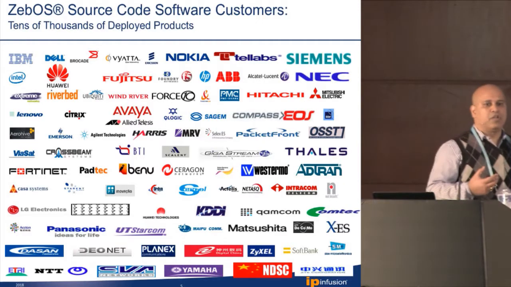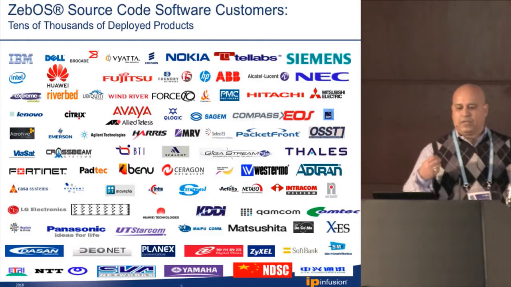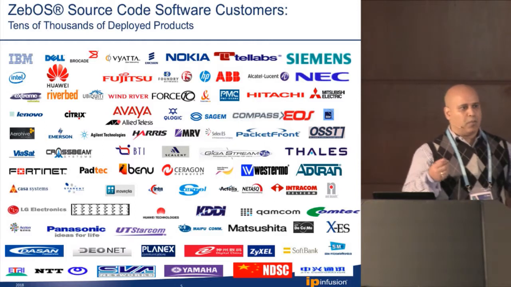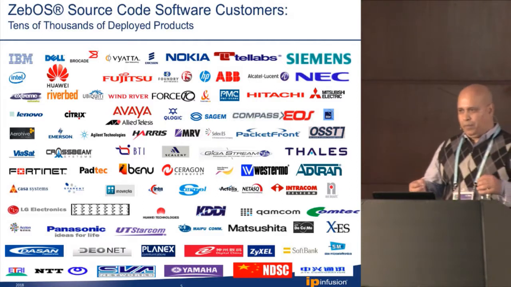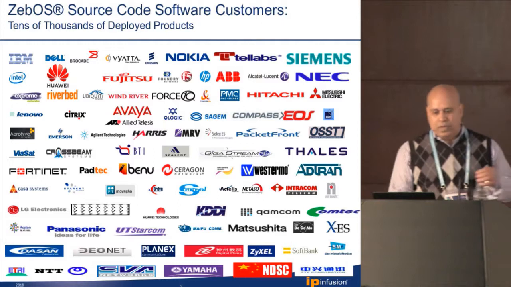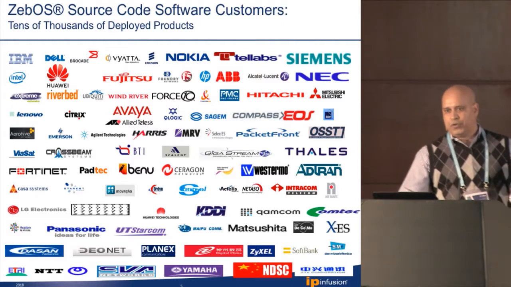Here is a list of customers using ZebOS. ZebOS is battle hardened, industry proven software, and it's the same control plane we are using in the other versions of the software.